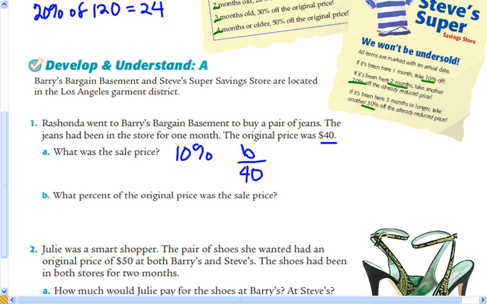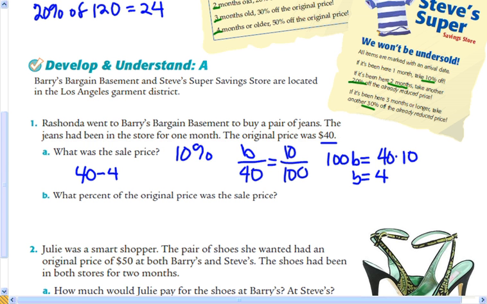The whole is the original price, and that is 10%. So 100 times B is equal to 40 times 10, so B equals 400 divided by 100, which is 4. So we have to take off $4. So we're going to do 40 minus 4, which is $36.